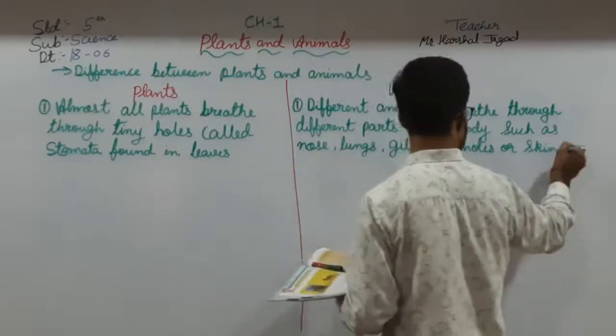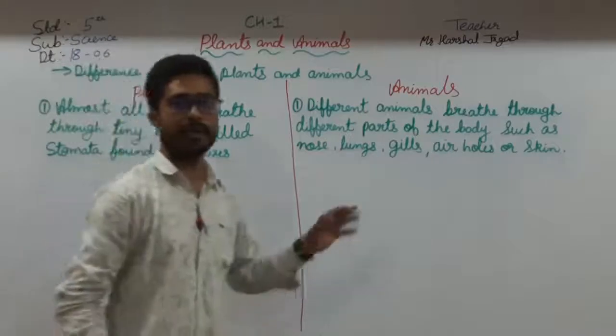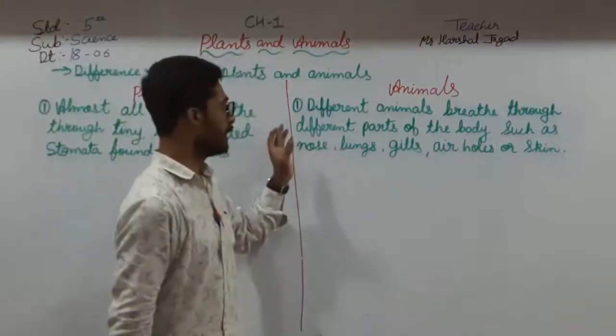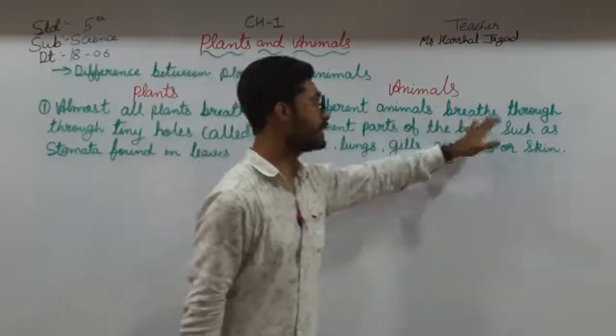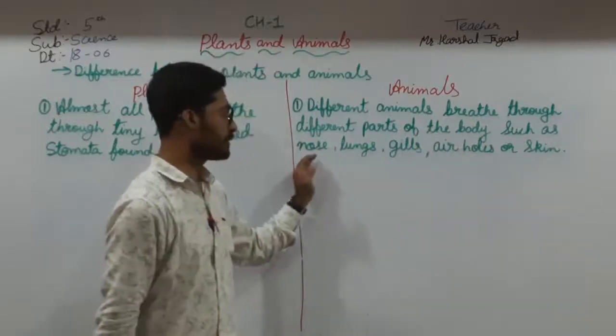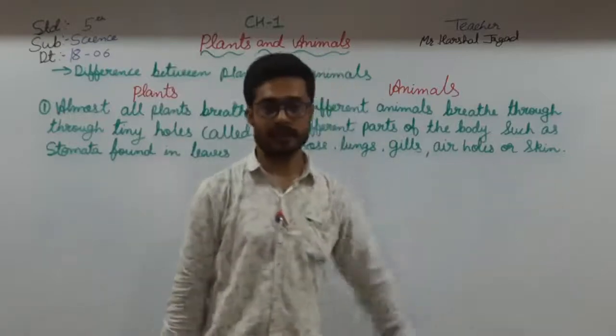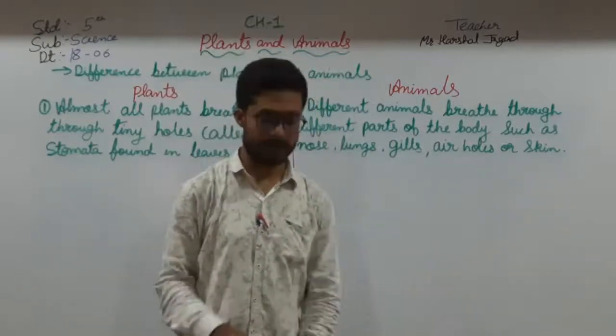Okay, so here, how the animals breathe. It is written, different animals breathe through different parts of the body such as nose, lungs, gills, air holes or skin, that we have seen in the previous video.